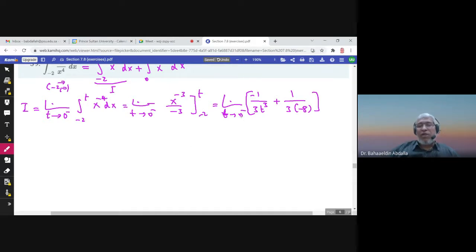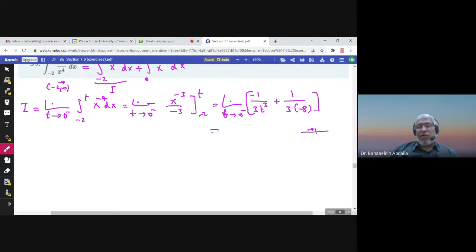Now replacing t with 0 will lead to infinity. And if I want to know whether it's positive infinity or negative infinity, I can replace t by a number to the left of 0, -0.1, for example. So this would be positive.